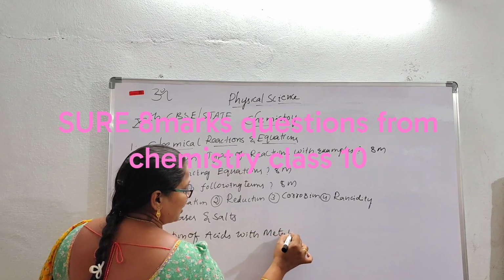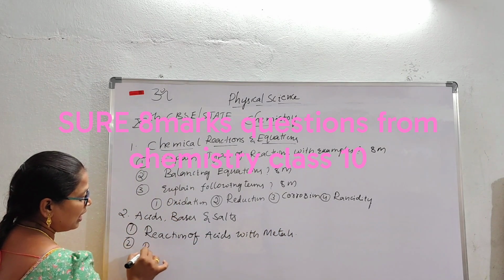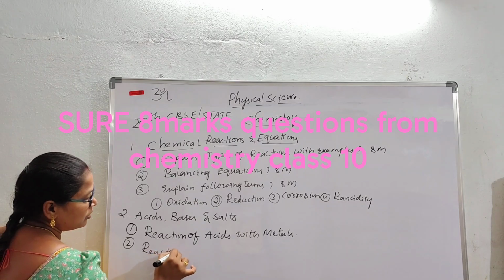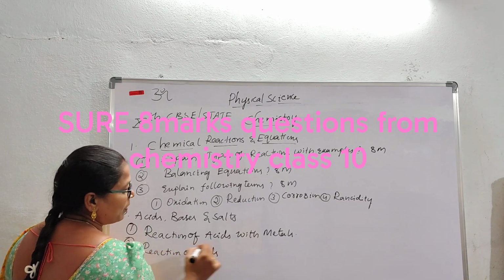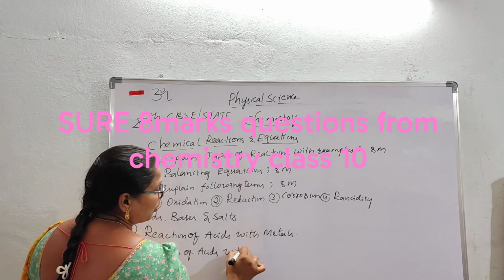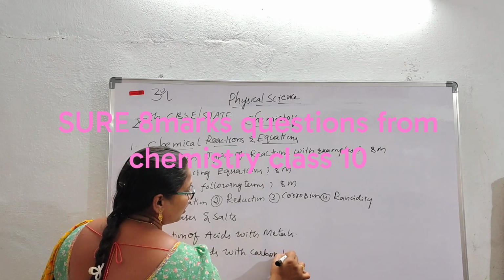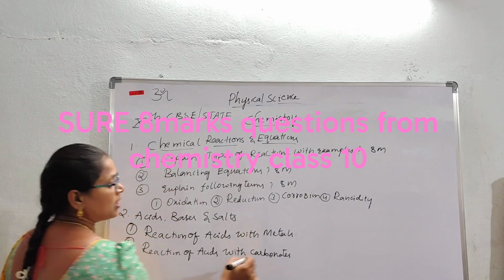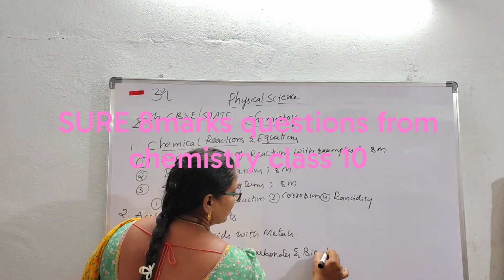Second question, reaction of acids with metal carbonates and bicarbonates, that is metal hydrogen carbonates.